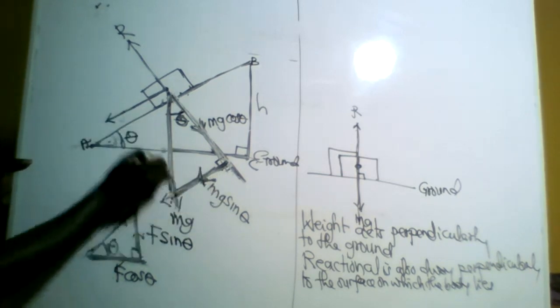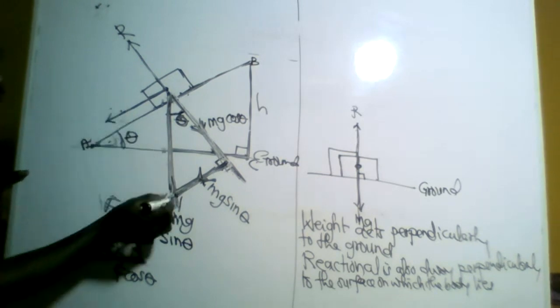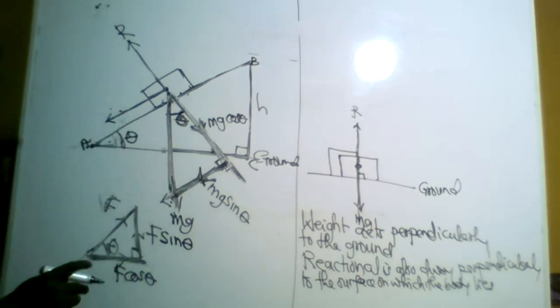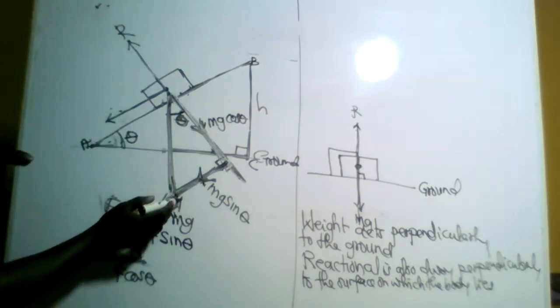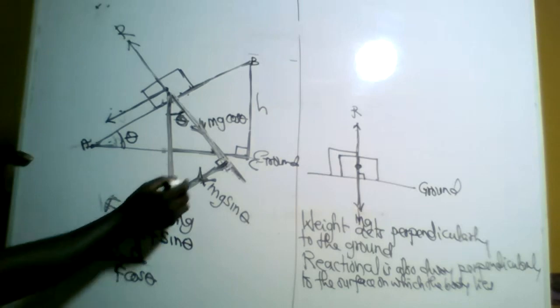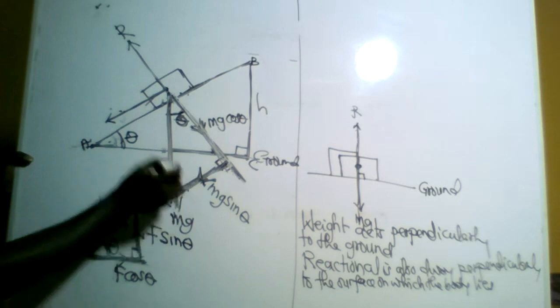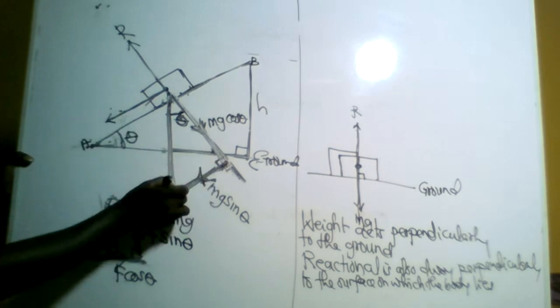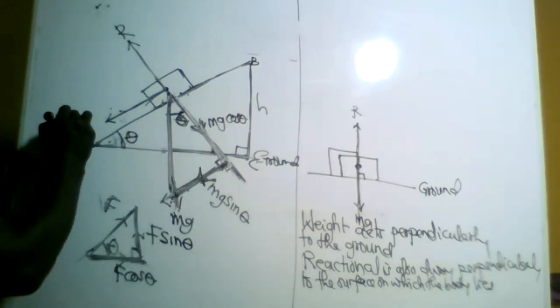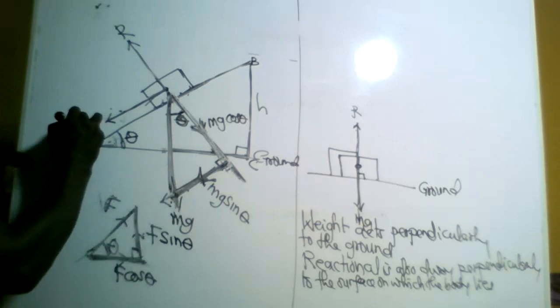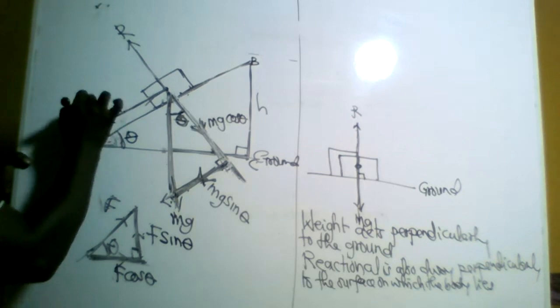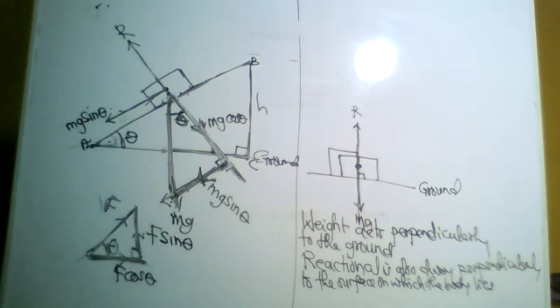And these two are parallel, equal vectors. Vectors are equal wherever they are if they have the same magnitude, direction, and are parallel. So we can bring this end here and we'll indicate this as mg sine theta. This is also mg sine theta.